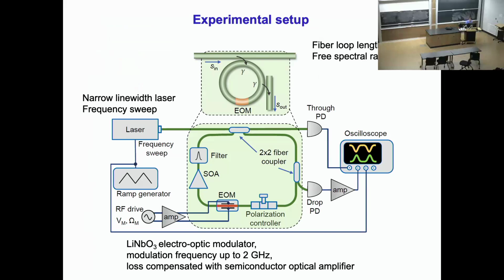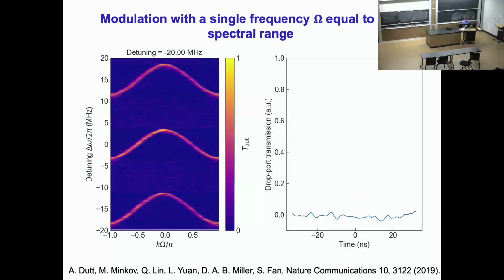This is a fiber of 10 meters, with a free spectral range of about 15 megahertz. Inside we put an electro-optic modulator. These are lithium niobate modulators with a modulation frequency up to 2 gigahertz, so that we can do long-range coupling. And we have a narrow linewidth laser where we can do frequency sweeps. On the detector side, we have a fast detector system so that we can do time-dependent measurement.